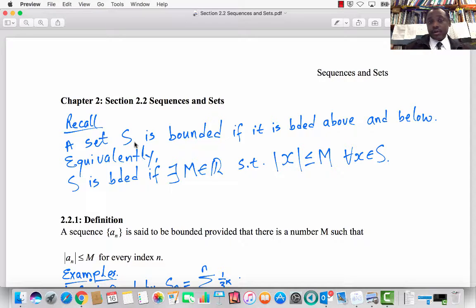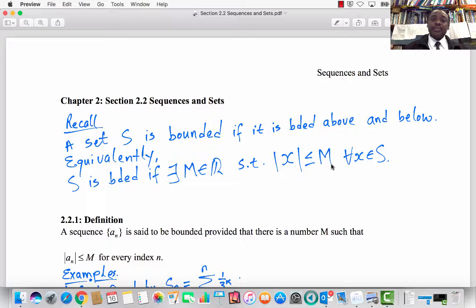Let's start by recalling that a subset S of real numbers is said to be bounded if it is bounded above and also bounded below, i.e., S is said to be bounded if I can find a real number m such that the absolute value of x is less than or equal to m for every element x in the set S. So what we are saying here is that negative m is less than or equal to x, which is less than or equal to m.